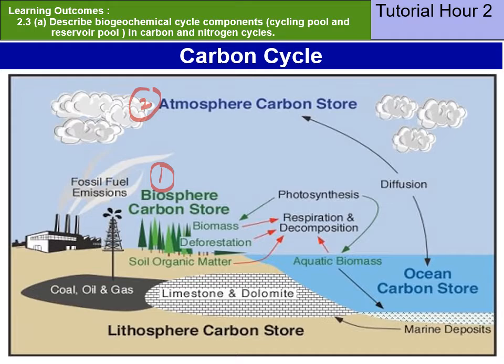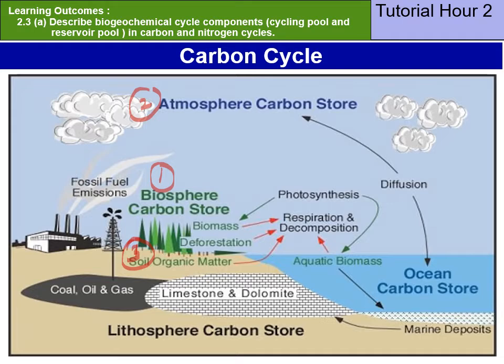And then seterusnya di bahagian lithosphere. Lithosphere iaitu pada bahagian atas, as organic matter in soil. Soil organic matter. So this one yang ketiga lah, the reservoir pool in the carbon cycle as organic matter in soil. That is the upper strata of the lithosphere.